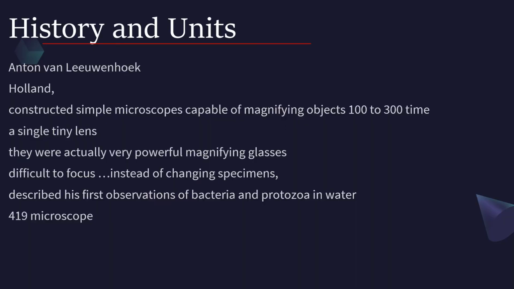Now, history and units. Anton van Leeuwenhoek from Holland was intrigued by seeing little microorganisms, so he constructed microscopes that gave magnification of about 100 to 300x, which was powerful for that time because that was the first microscope that was made. The problem with those microscopes was that they were difficult to focus.